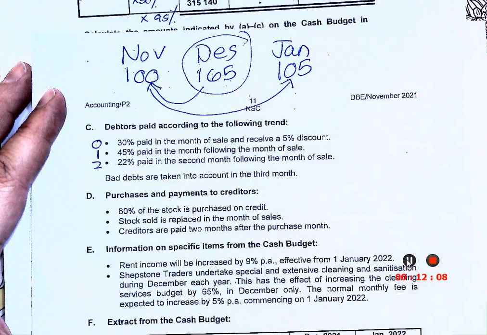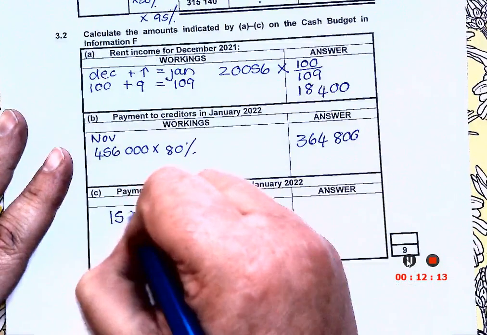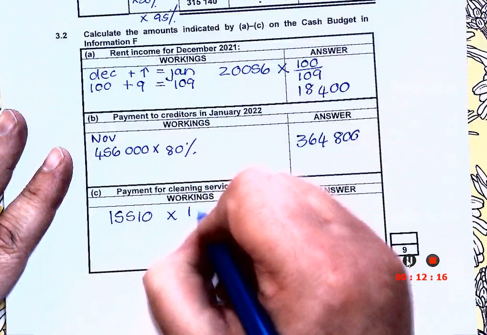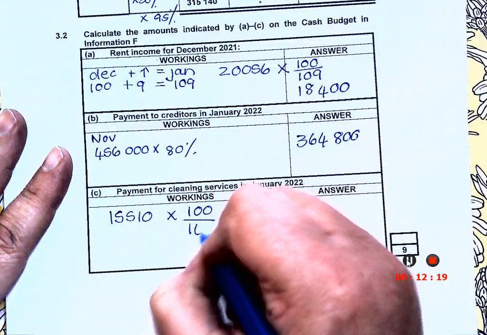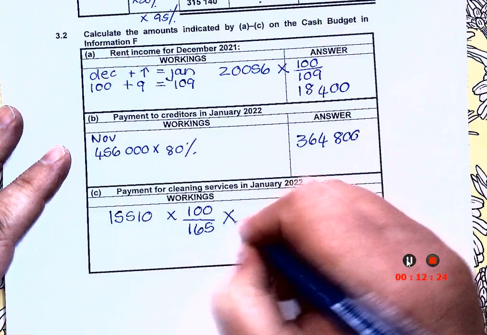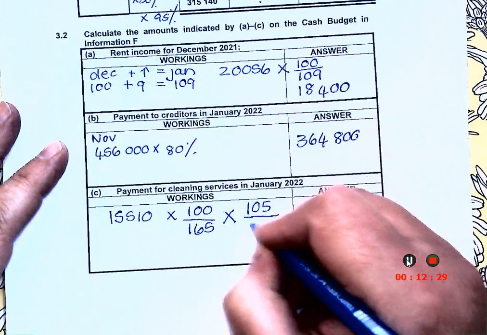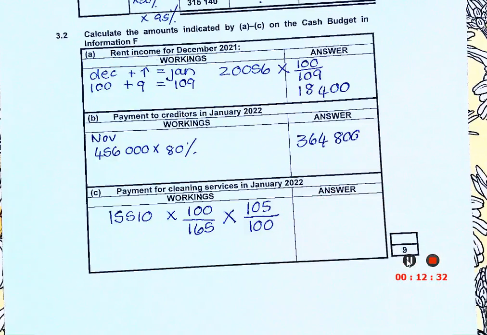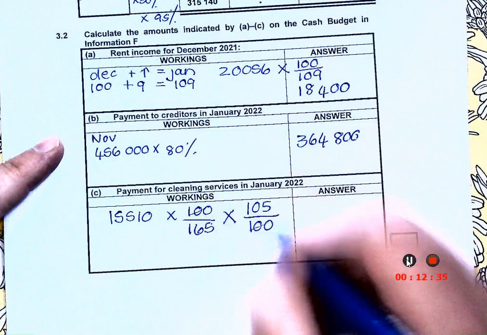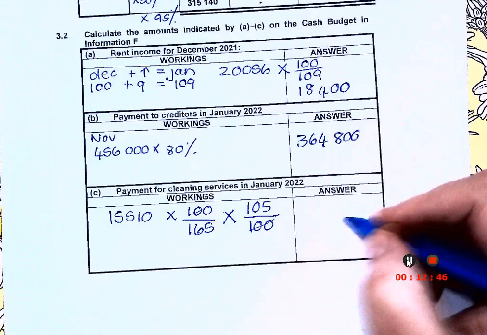They give me December is 15,510. That 15,510, I want 100, but I got 165. When I get that, I want 105, right? But I have 100. Can you see the hundreds cancel out? So you can literally just say 105 over 165. And that gives me 9.70.